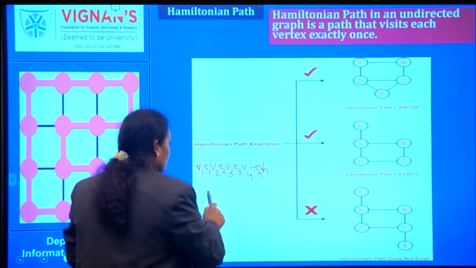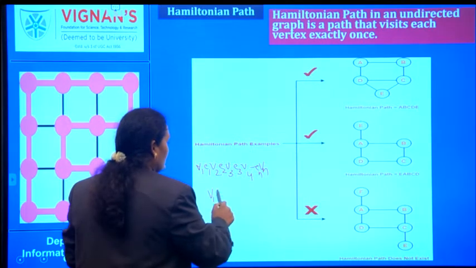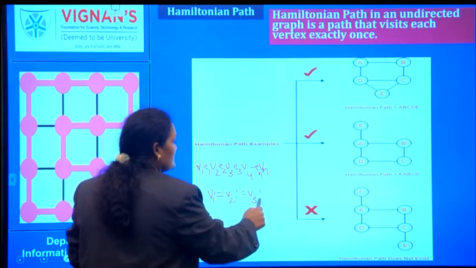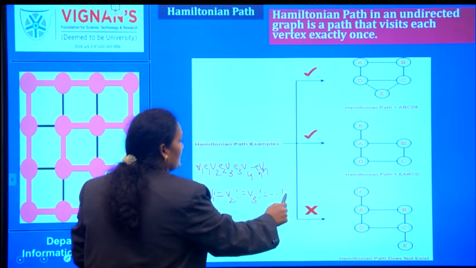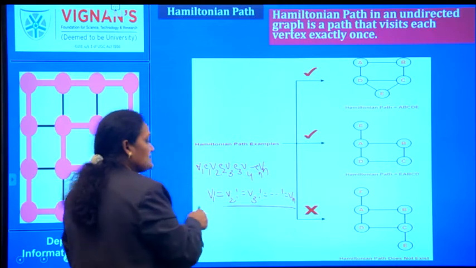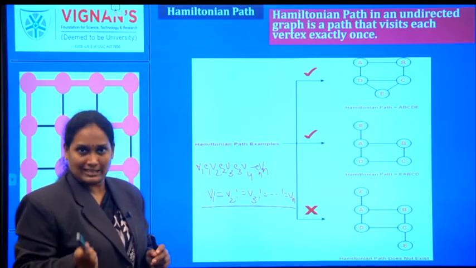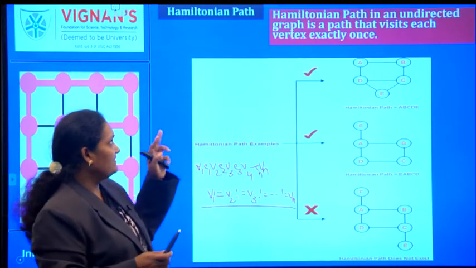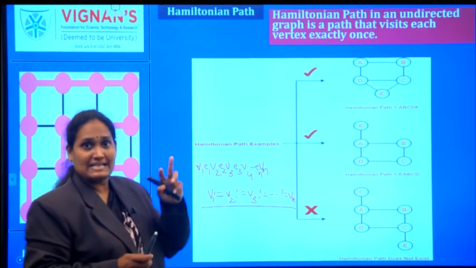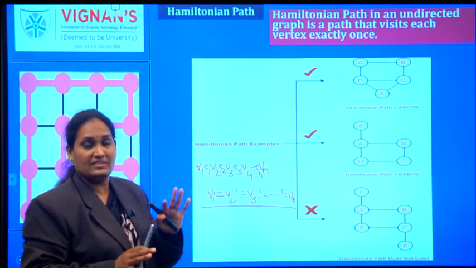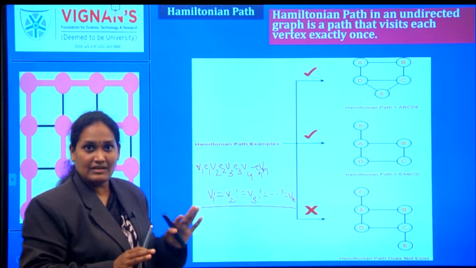And V1 is not equal to V2, not equal to V3, and so on, not equal to Vn. That is, the vertices are not repeated. So every vertex should be visited exactly once.